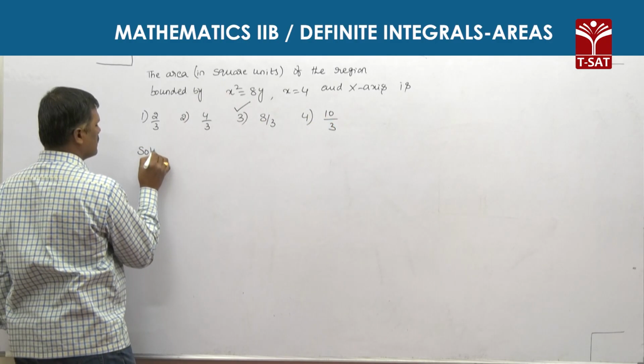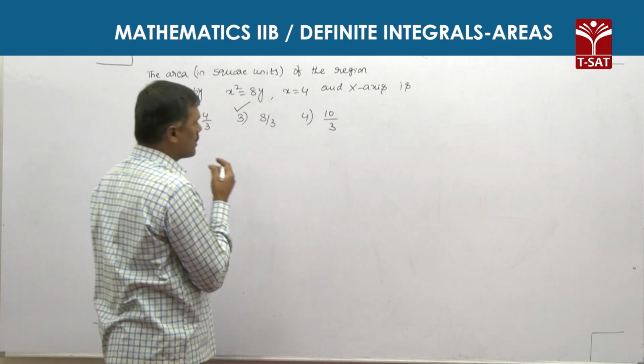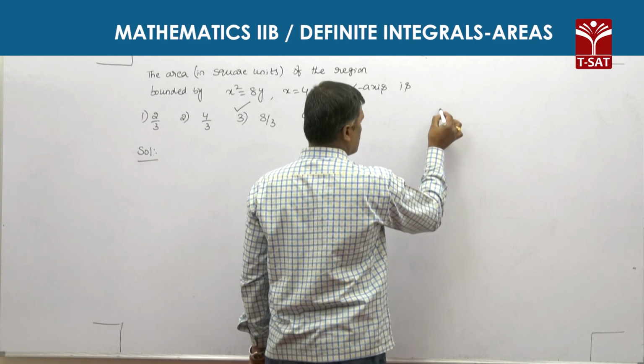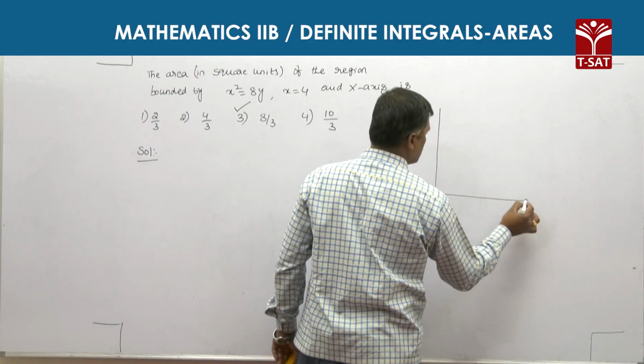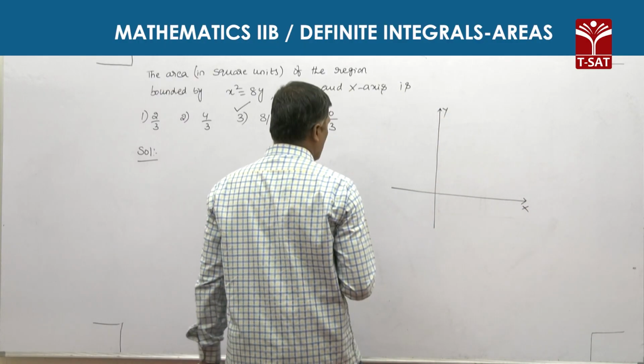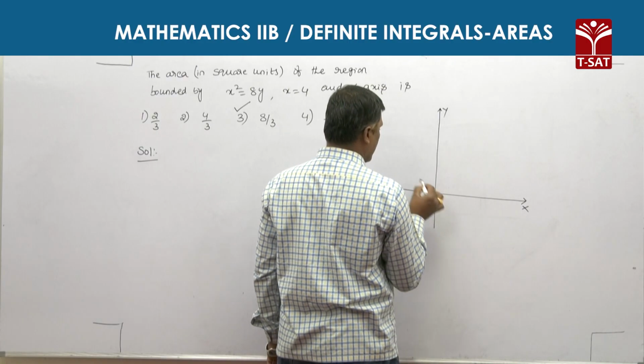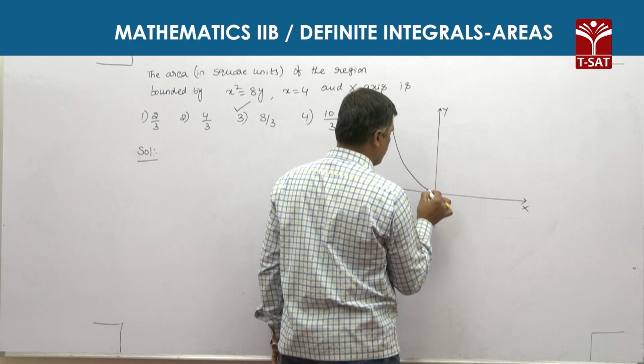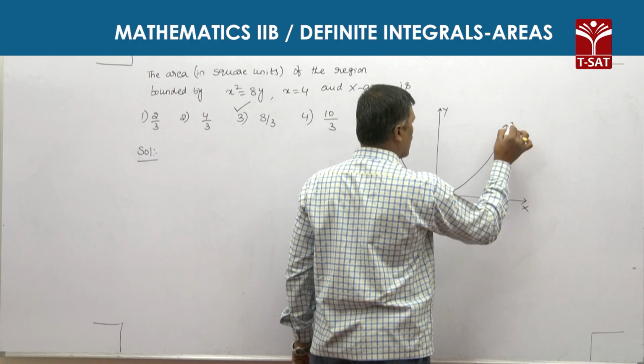Solution: first draw the graph of the given problem, a rough diagram. X-axis, y-axis, x square is equal to 8y, which is the standard form of the parabola, an upward parabola.